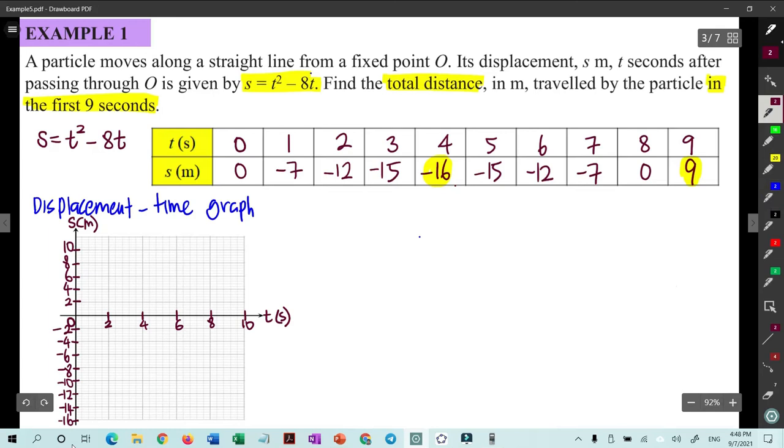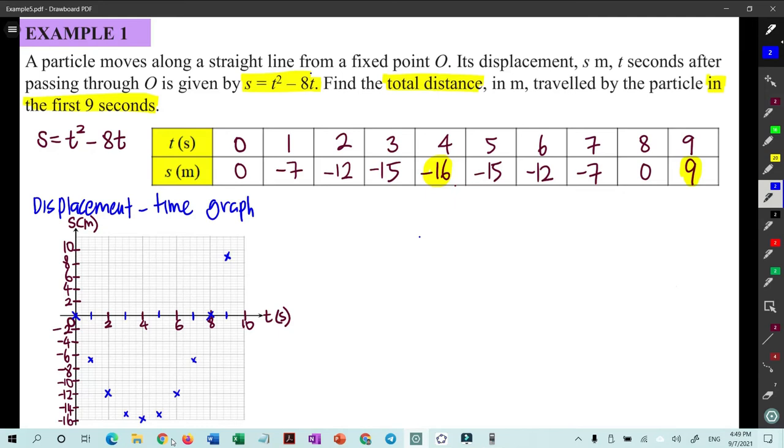After we completed the axes, now let's plot the points. So let's plot the graph.